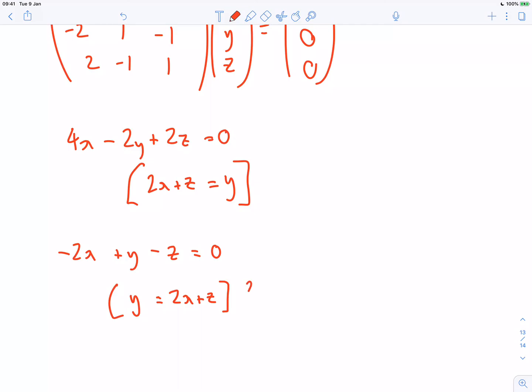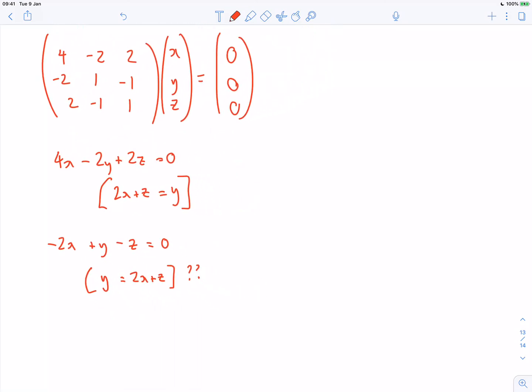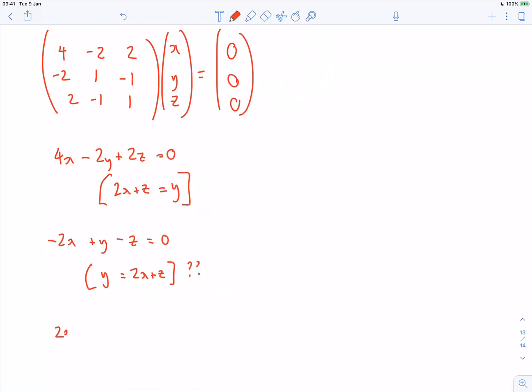So that doesn't actually tell us anything new. And then for the bottom row, I'm going to have 2x minus y plus z equals to 0. So if I add y to both sides, again, I get 2x plus z equals to y. Whoop-de-doo. So as long as I pick a vector that satisfies that, I'm away.